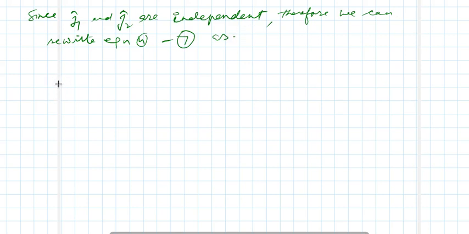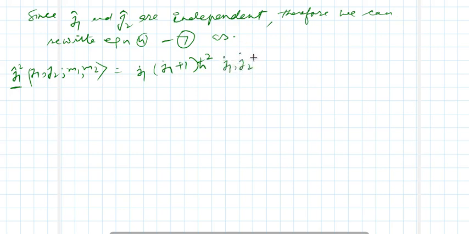J1 square on J1 J2 m1 m2 must be equal to, since it is operated with J1 square, it will affect only J1 and m1, right? So it can be written as J1 into J1 plus 1 h cross square J1 J2 m1 m2.